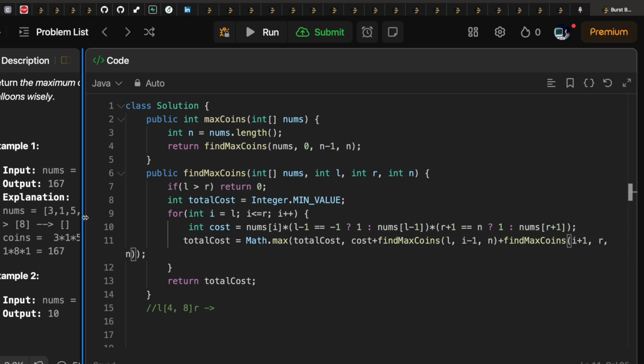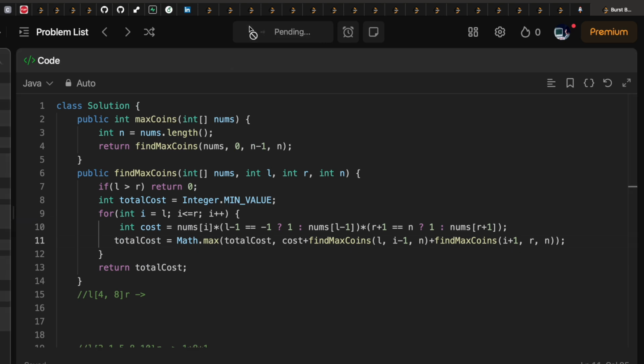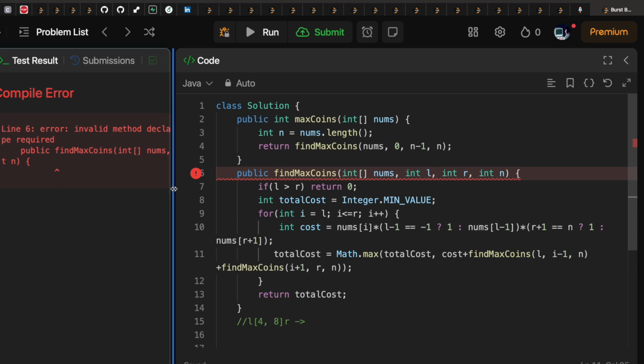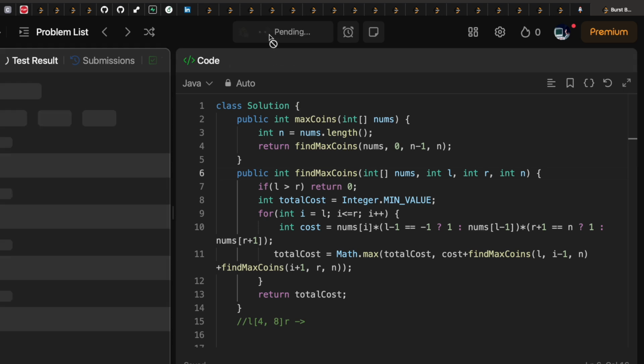So let's run this. Okay, it should be int.